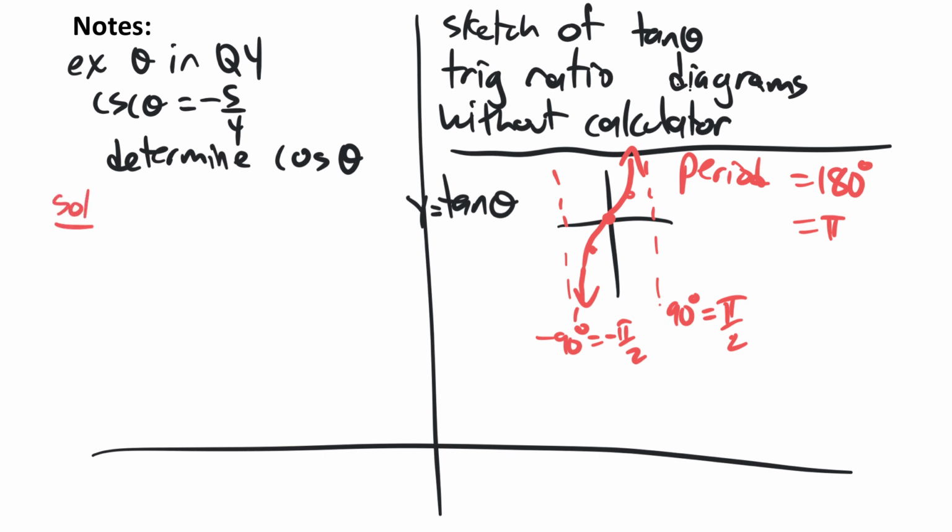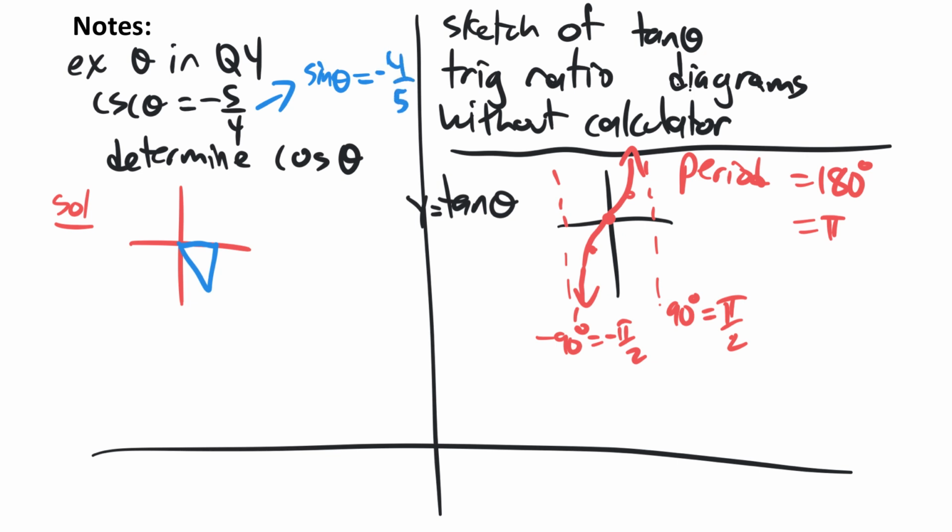All right, assuming you gave that a try, let's go ahead and draw our diagram here. In quadrant 4, we're going to draw a little triangle. Cosecant means that we're looking for, well, we're given, I guess, sine of theta as negative 4 over 5, right?